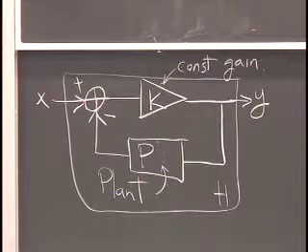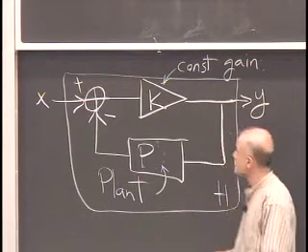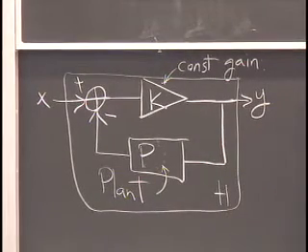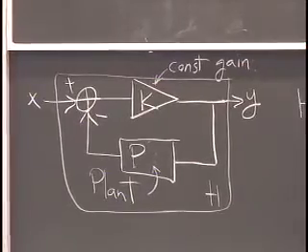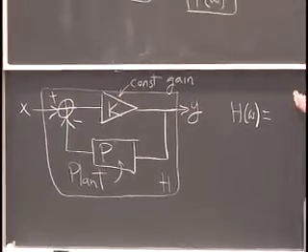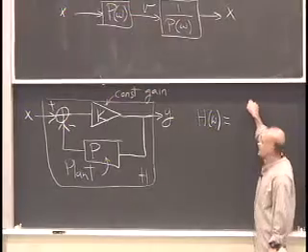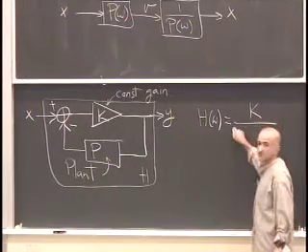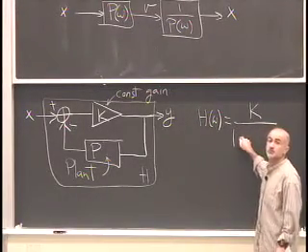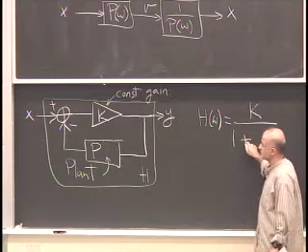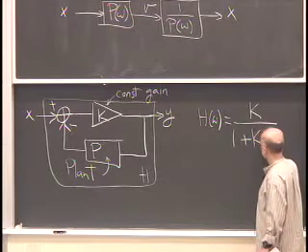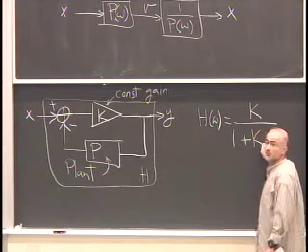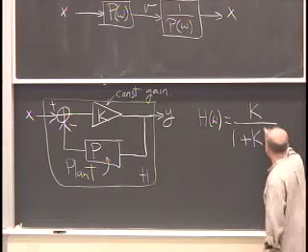Sandeep, go for it. H of omega is Black's formula, which is what? K over 1 plus K P of omega.